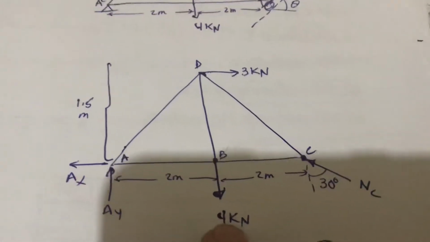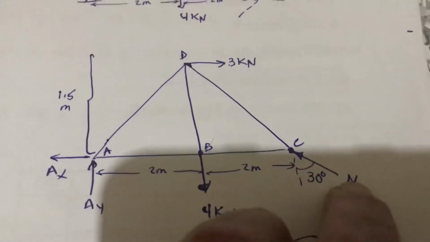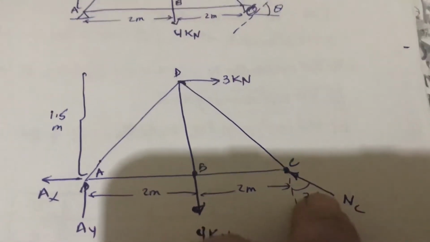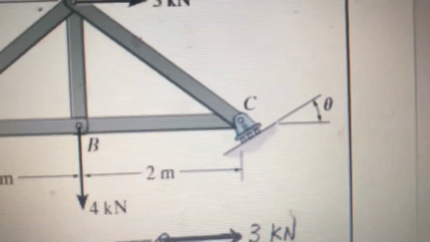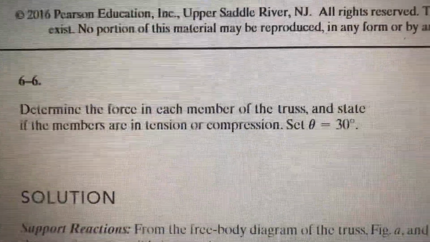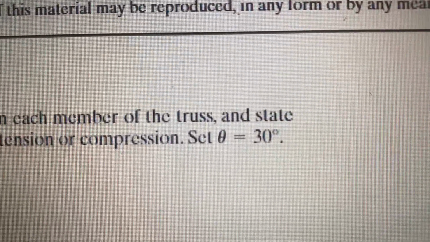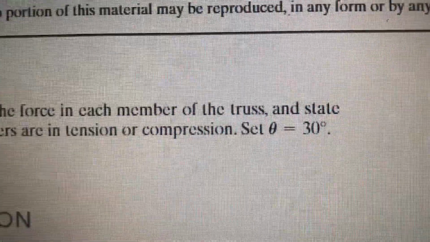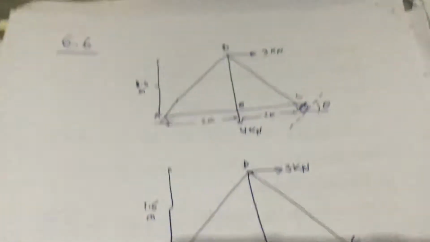This is the given 4 kilonewton, and this is the normal force. Again, it is with an angle, because the ruler is with an angle, and look at the angle, theta. He put theta equal to 30 degrees, and he wants the force for each one of them.